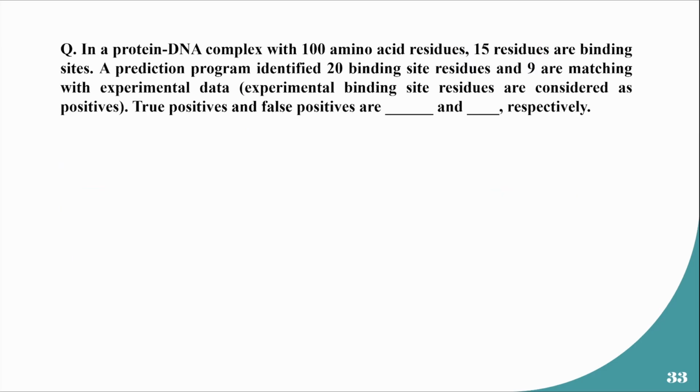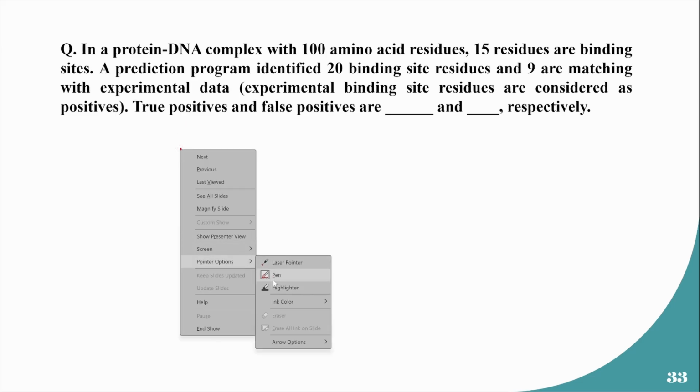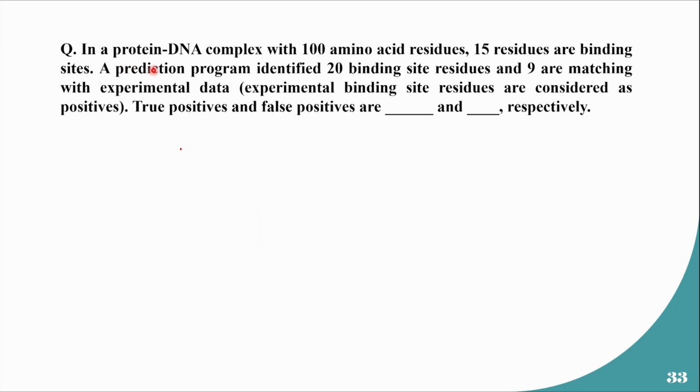So anyway, again, a very similar question, but here we have a more descriptive question that we need to answer. It is now asking about a protein DNA complex where the protein has 100 amino acid residues, right? And among these 100 amino acid residues, we are given that 15 residues are forming a binding site. Now you're trying to use a prediction program to predict the binding site, and the prediction program identifies 20 binding site residues.